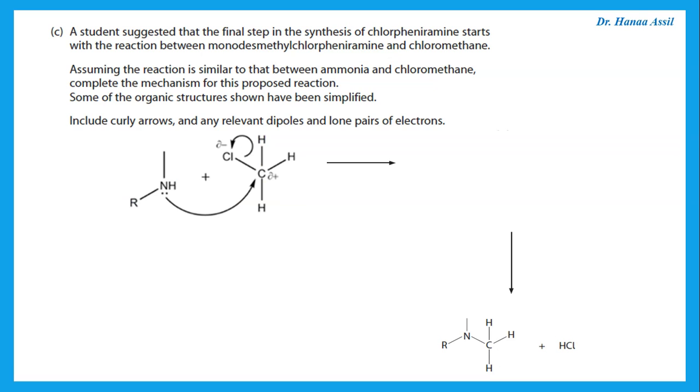Remember, the nitrogen has a lone pair of electrons, so this attacks the slightly positive carbon, and the electrons of the bond between carbon and Cl will go to the slightly negative chlorine. So this is the kind of intermediate we have, and then the electrons from the H go to the N plus, so that we get the final product.